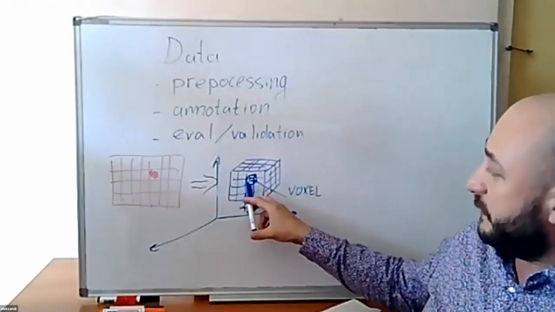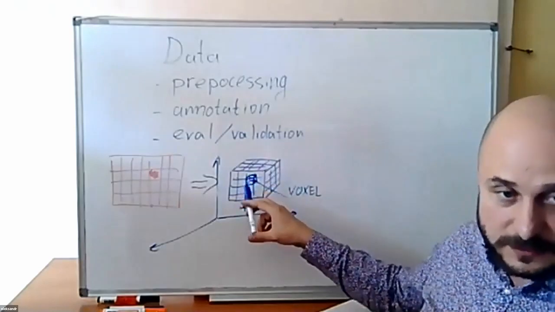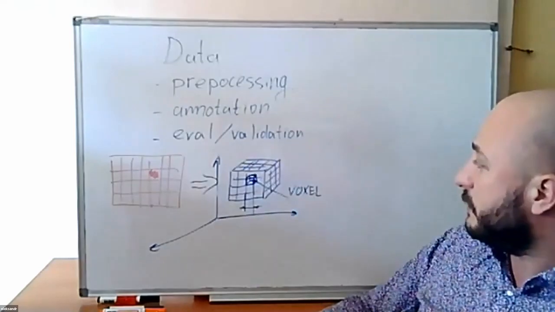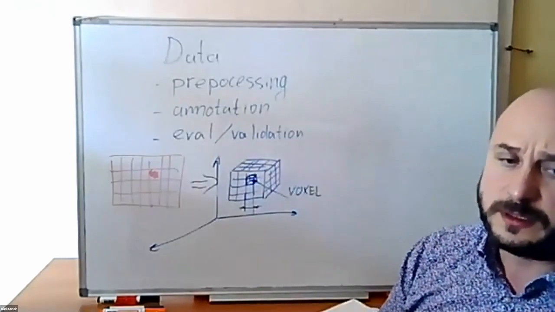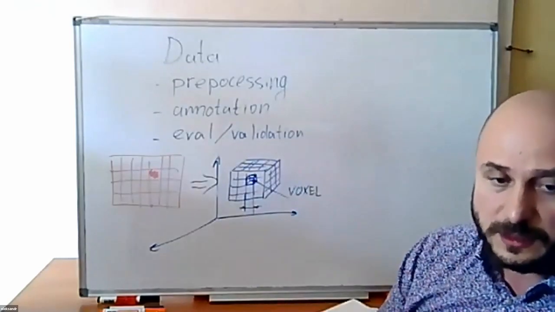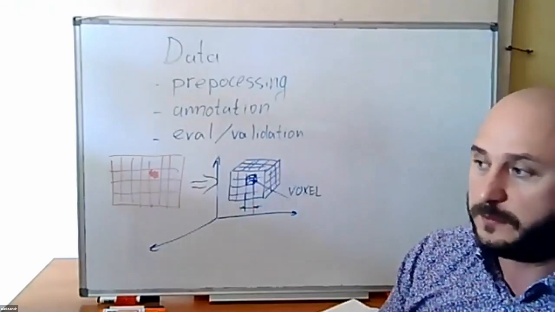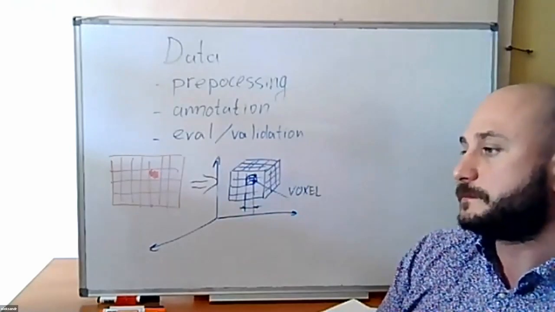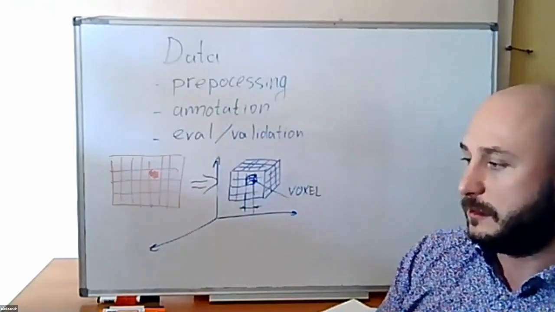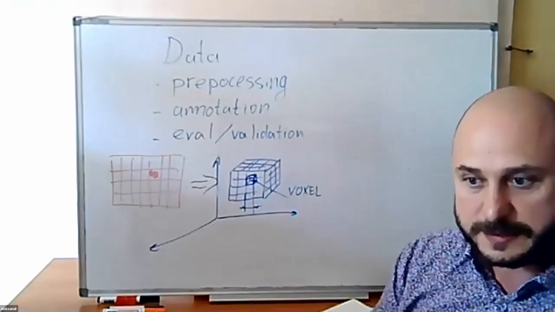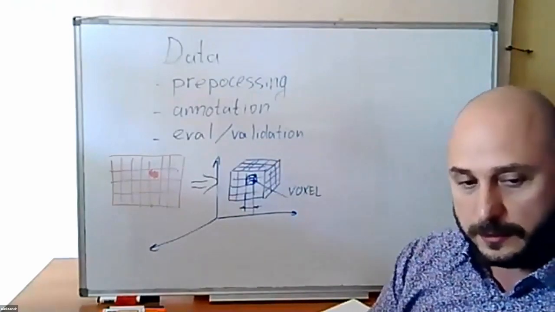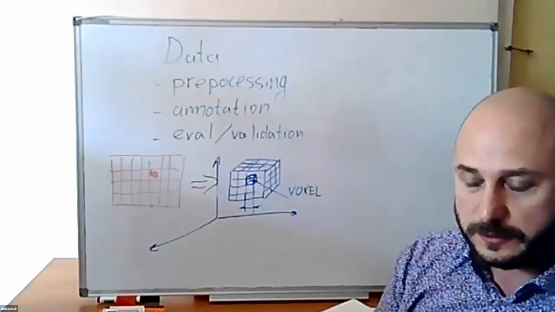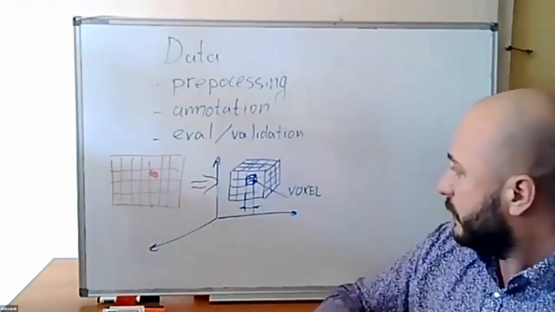So we have the size of this voxel, its coordinates in the 3D system, and also each voxel can contain some additional meta information, for example a value, or it can contain information about its class or color or material or anything else we need for our solution.